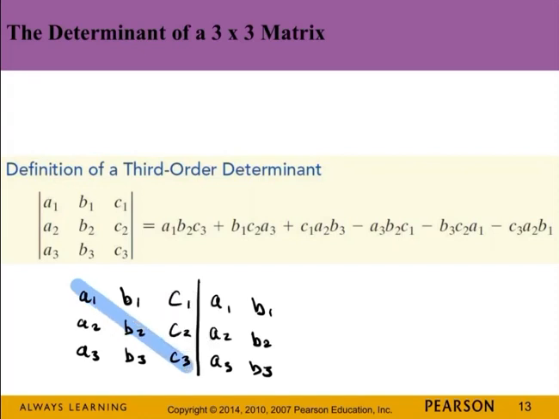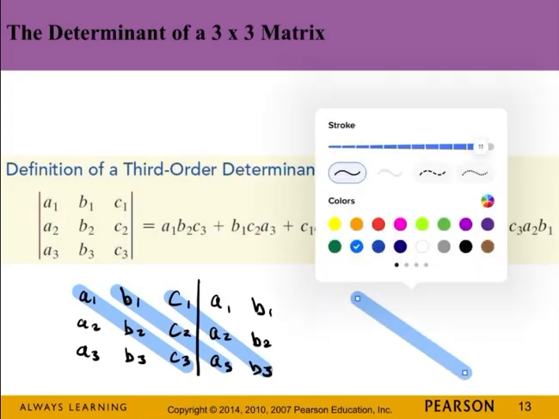That's decent, right? So that's A1, B2, C3. Let's just copy and paste. I'll do this simple thing: 1, 2, and 3, right? And then let's paste and change that color.